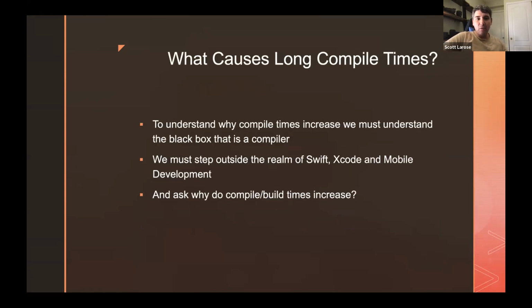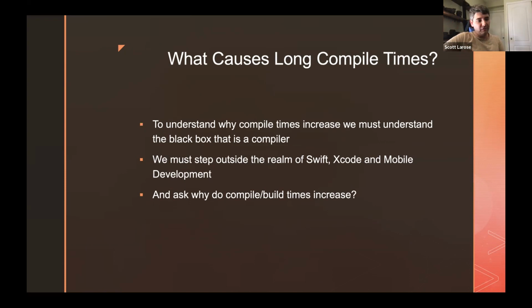So let's jump into it here. To understand why compile times increase, we first need to understand compilers themselves. A lot of devs don't really dig deep into there. They don't really look at what your actual compiler is doing. So we're going to tear apart that black box. We must step outside of ecosystems like Swift or Kotlin and look at compilers in general.